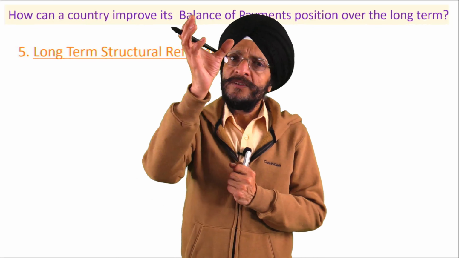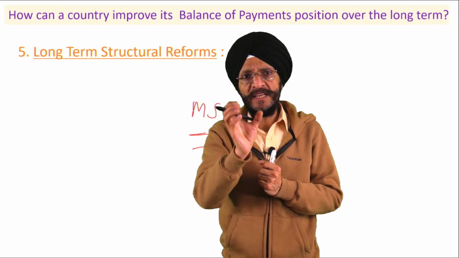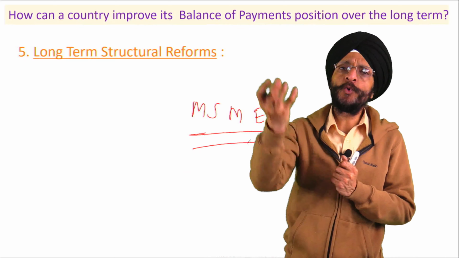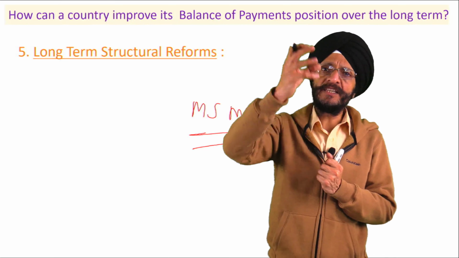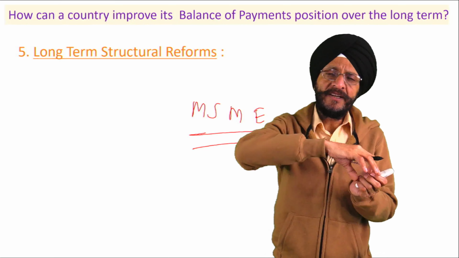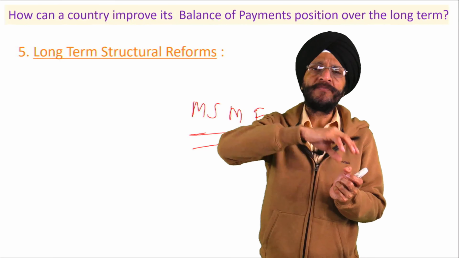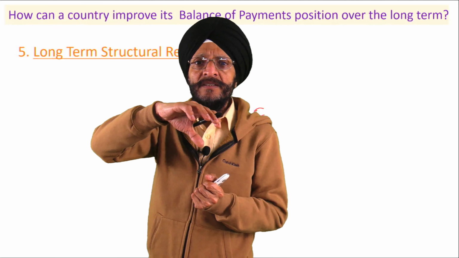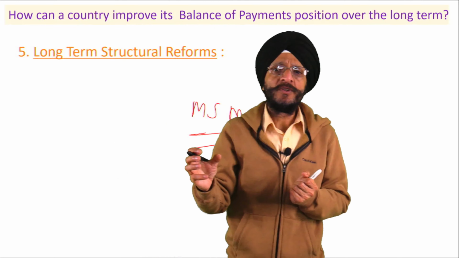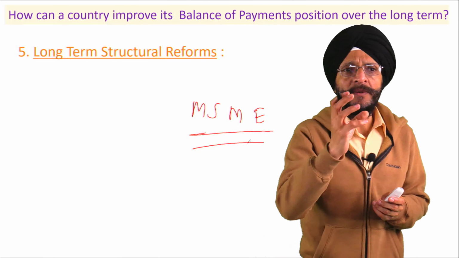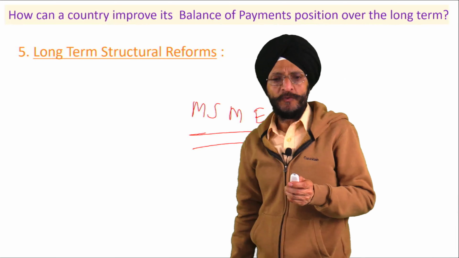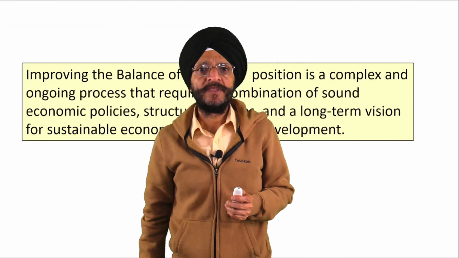When the import of the country is less, we take steps to improve our exports and take steps to reduce imports, and take other steps such as fiscal and monetary steps, then we can surely improve our balance of payments position.